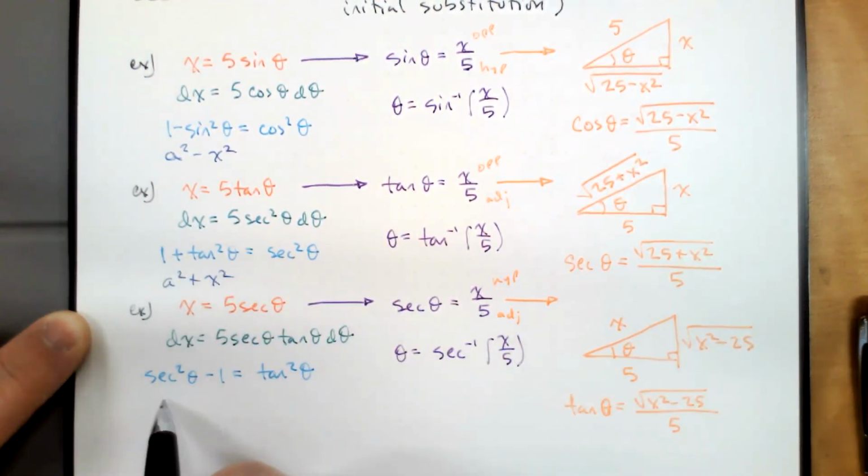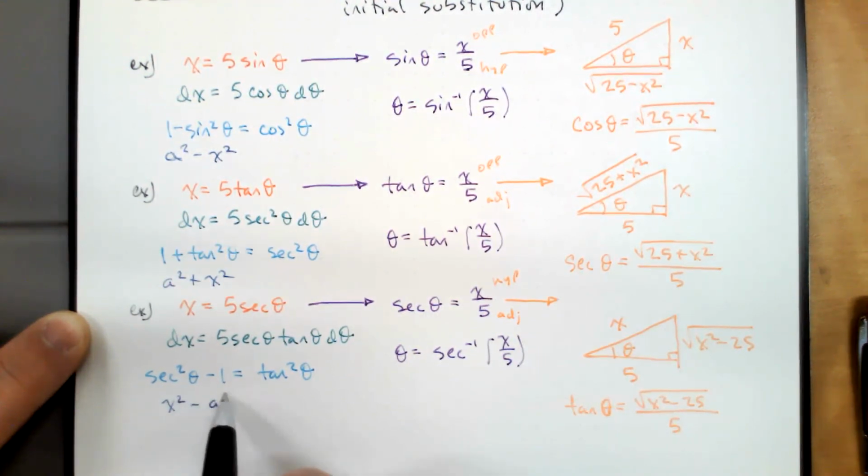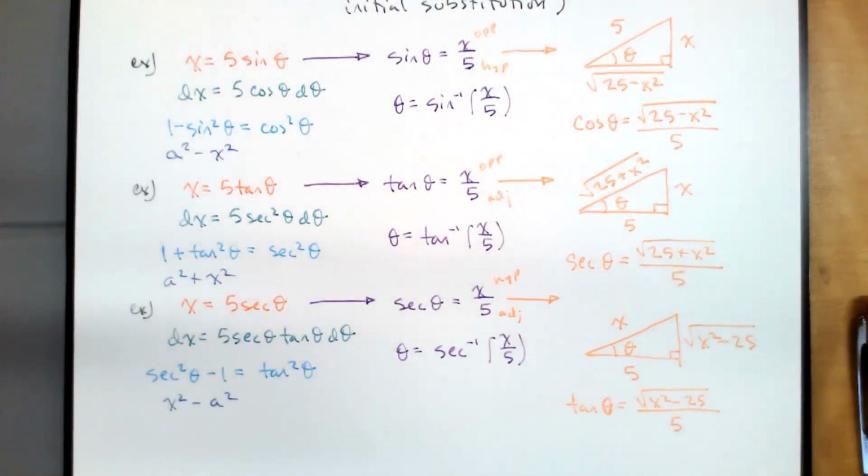The secant case is for x squared minus a squared. Remember, that is the point of the trig sub, for this x squared minus a squared to become a tangent theta, or a squared tangent theta. Then you don't have to remember these separately.